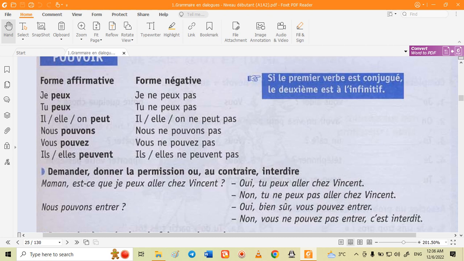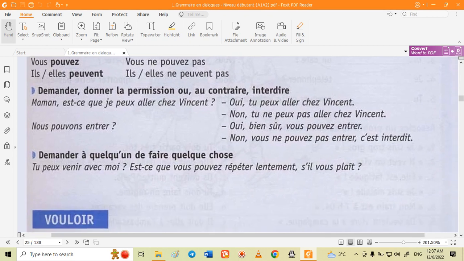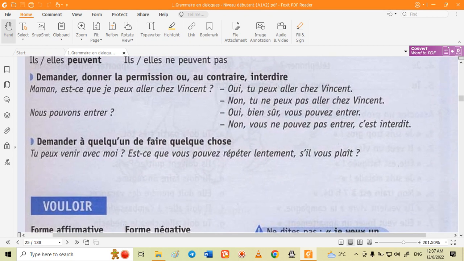So all the time you conjugate the first verb and you put the other verbs after in infinitive form. It's really easy and you will see it in the phrases so many times.